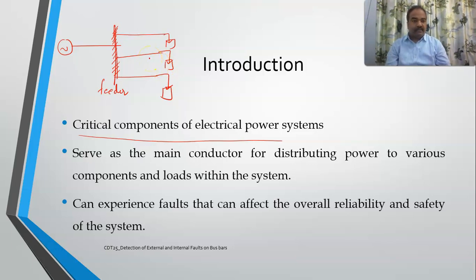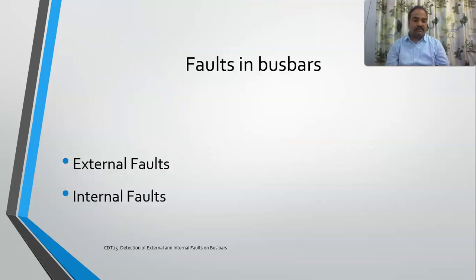In particular, there are two types of faults which occur on the bus bars. One is an external fault, the other is an internal fault. And we have already discussed that differential protection is commonly employed for bus bar protection.